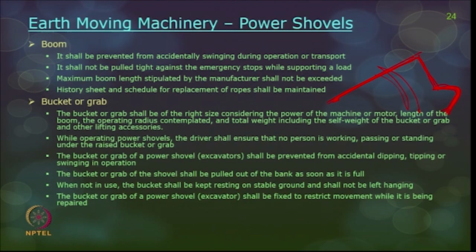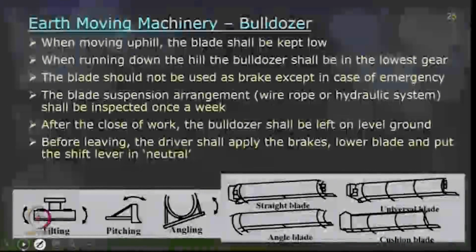The bucket or grab of a power shovel shall be prevented from accidental dipping, tipping or swinging operation, and shall be pulled out of the bank as soon as it is full. When it is not in use, the equipment should be on level stable ground and should not be left hanging, and the bucket or the grab shall be fixed to restrict the movement even when it is in repairing position.